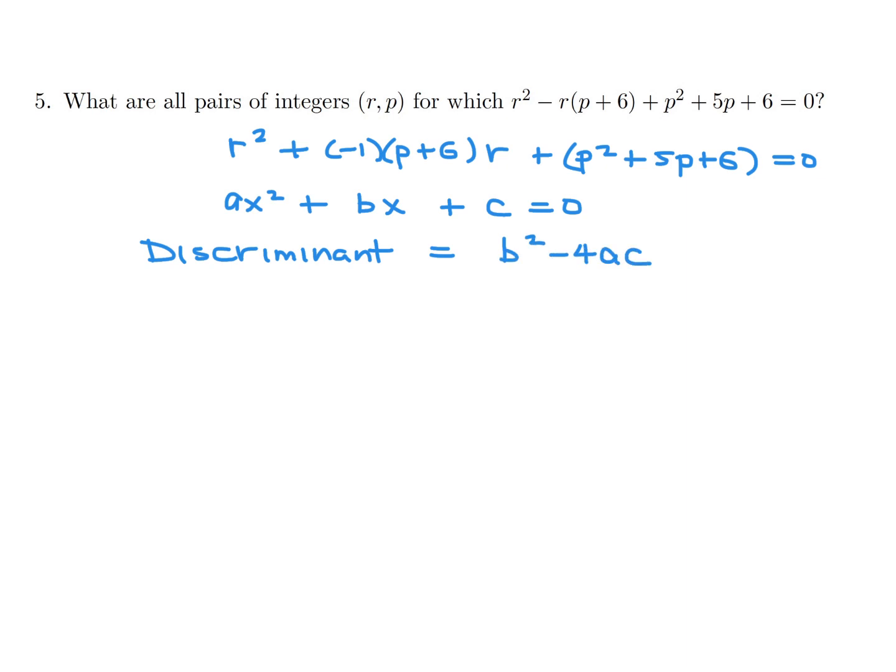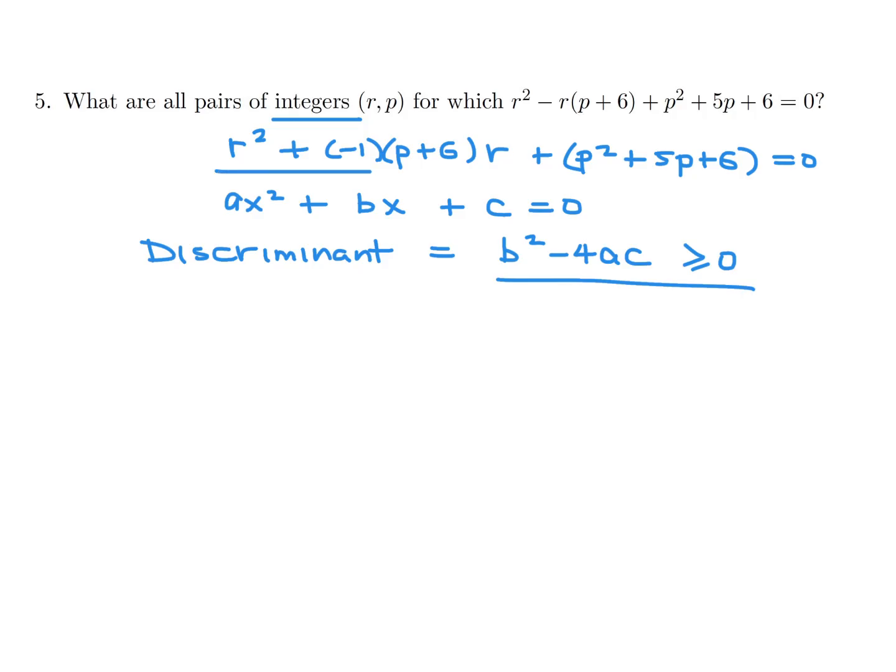And for a quadratic equation to have real solutions, it has to have a discriminant that is greater than or equal to 0. Because if the discriminant was less than 0, it would not be real solutions, it would be imaginary. And they actually want integer solutions. So this definitely has to be greater than or equal to 0.